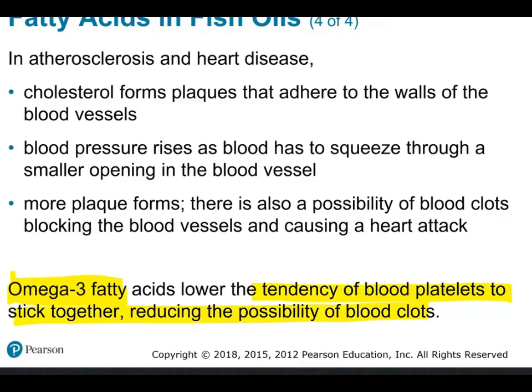Consumption of omega-3 fatty acids was linked in a mouse model to the reduced clotting potential of platelets, which is important for people who have diseases like atrial fibrillation or diabetes mellitus, atherosclerotic disease, anything that increases the clotting potential of platelets.